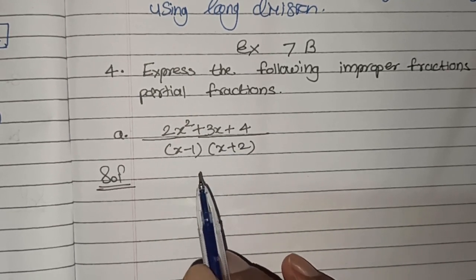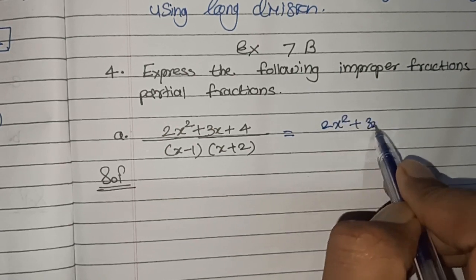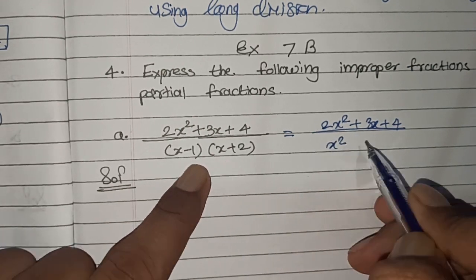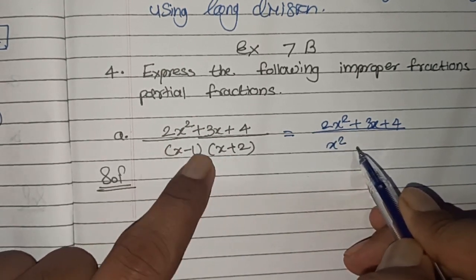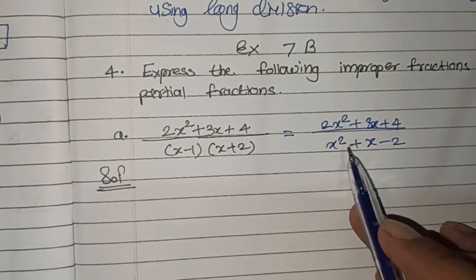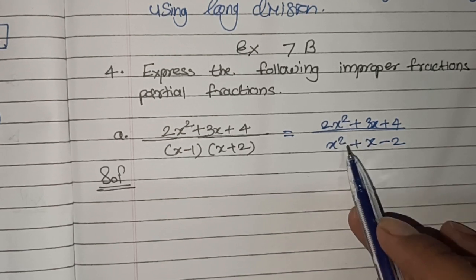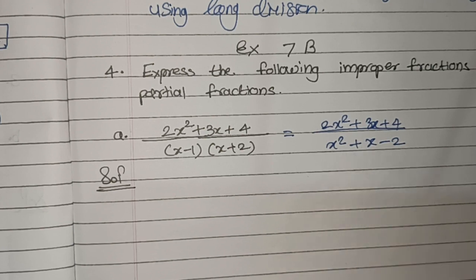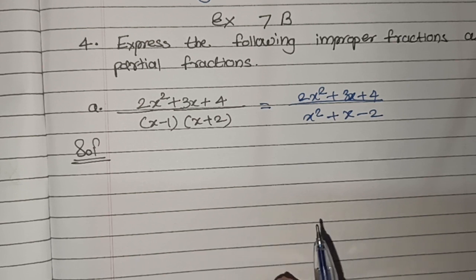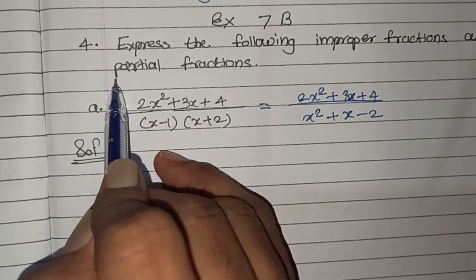Okay. If we solve this one, we get it as 2x square plus 3x plus 4 upon x square plus x minus 2. So degree of numerator is 2, degree of denominator is also 2. So degree of numerator is equal to degree of denominator. So it is an improper rational function, and we have to convert it into polynomial plus a proper rational function, and then we find the value of a and b.